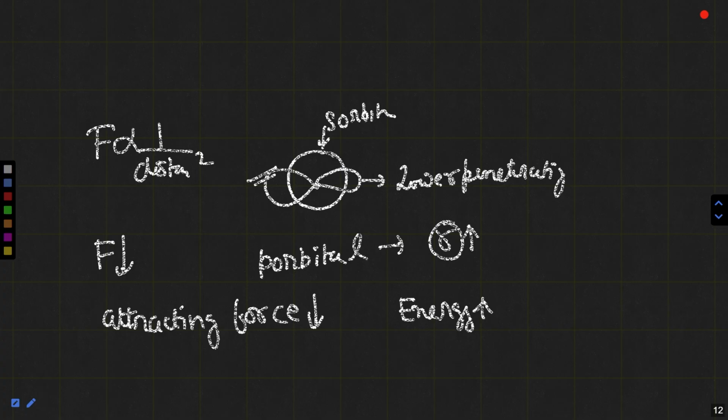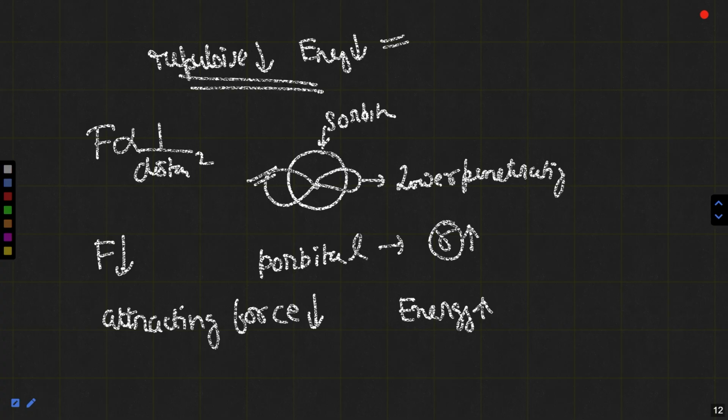Similarly, if the repulsive forces are decreasing, that results in a decrease in energy. Is it clear? Does anyone have a doubt at this point?